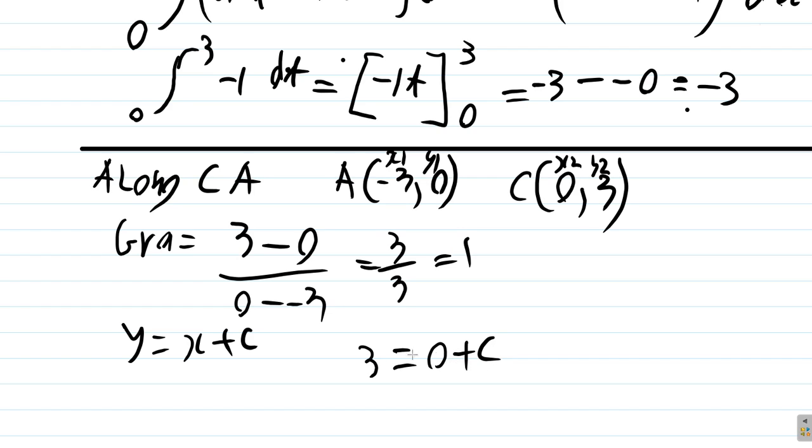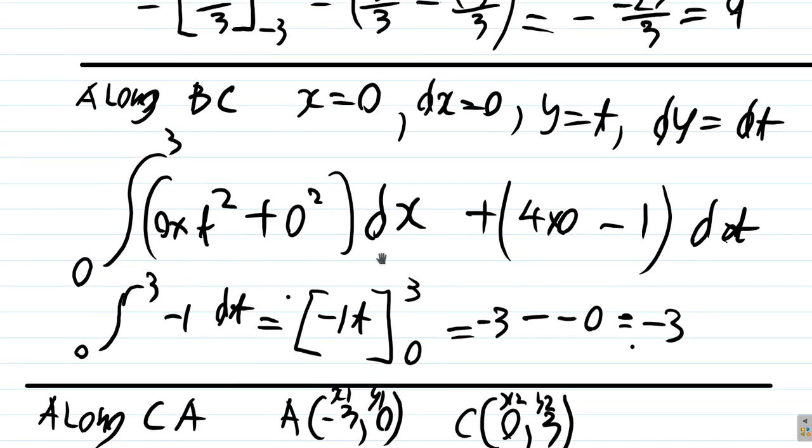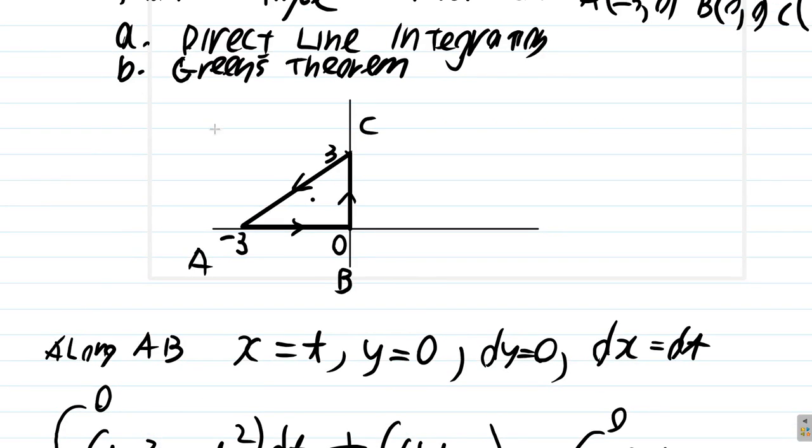So you can see that c must be 3, right? So what you have is y is equal to x plus 3. This is the line's equation.